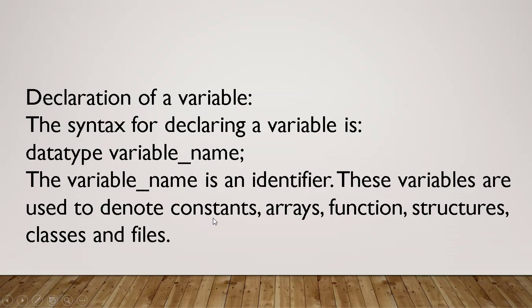We are giving a name to a constant, that is, a is given to 5. That is how we denote a constant. Then arrays: we will be studying arrays, functions and structures in our next classes, and classes and files we will study next year.